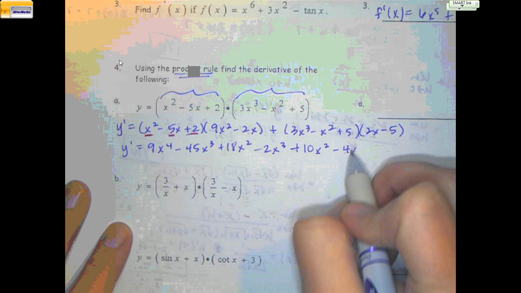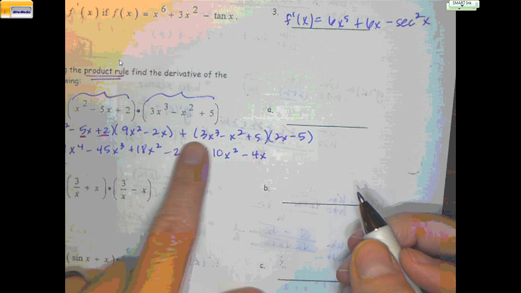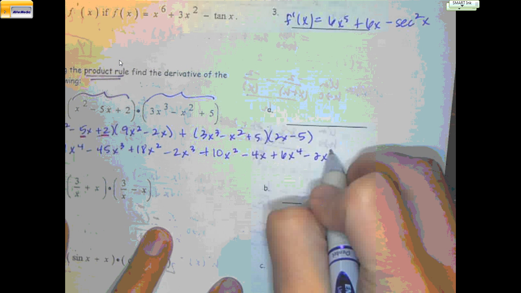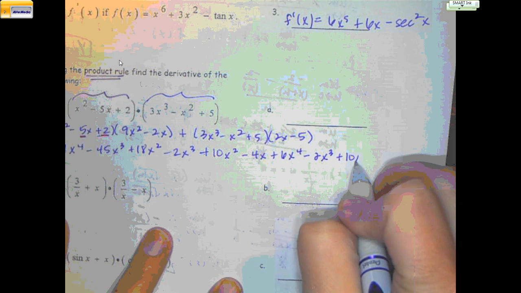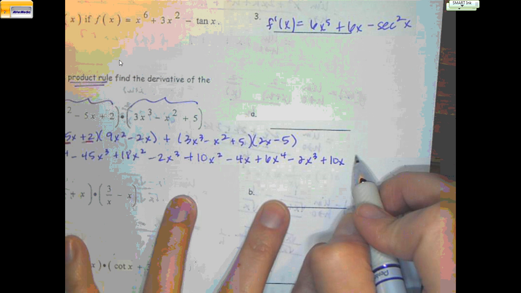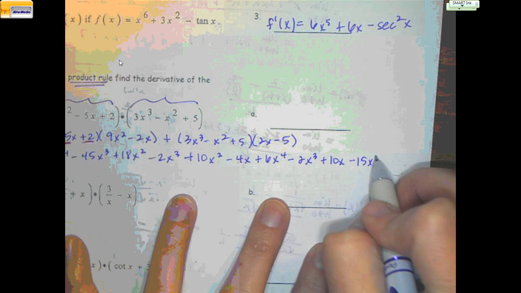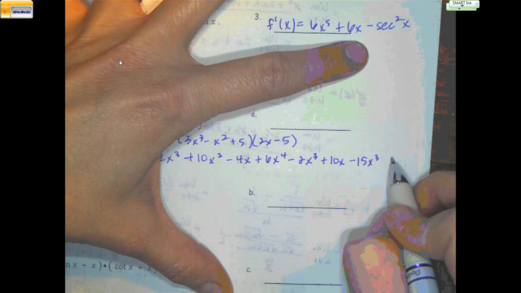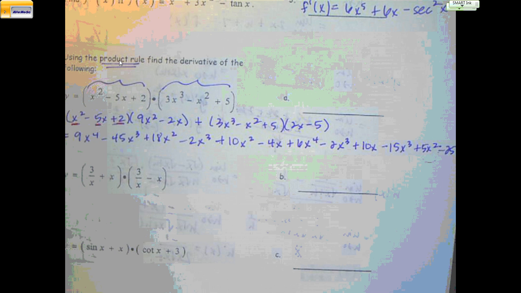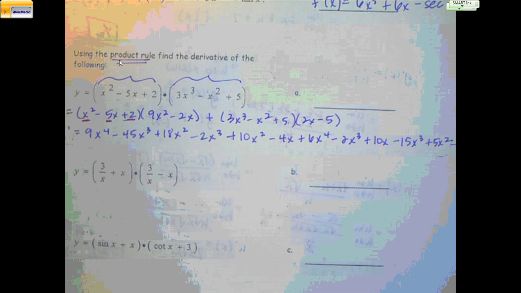Next one, I'm going to take 2x times all these guys, and I have plus 6x to the fourth minus 2x cubed plus 10x. Negative 5 times all these guys. Yes, this is really long. Negative 15x cubed plus 5x squared minus 25. How did I do? This is, I think, as far as I can go.